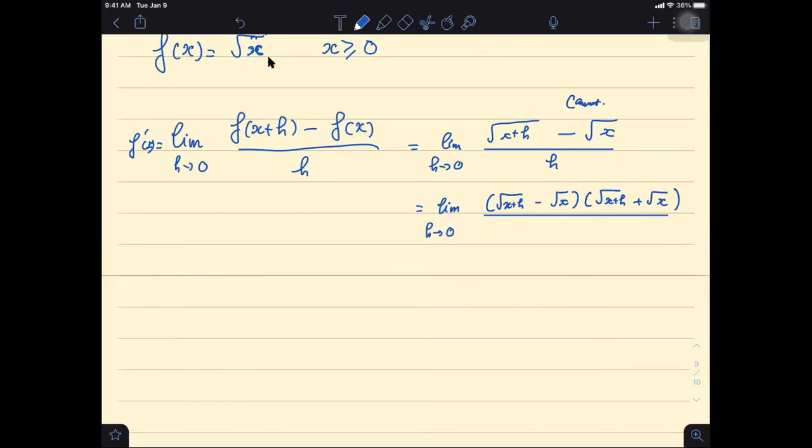But when you multiply, you have to divide as well, so the denominator and the numerator are multiplied by that term.